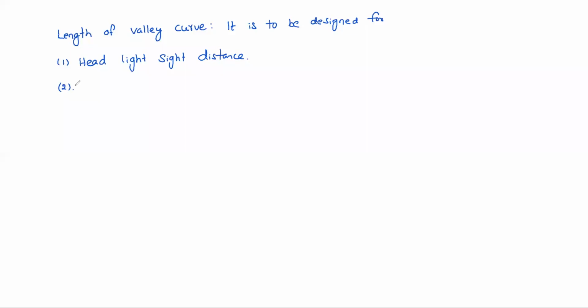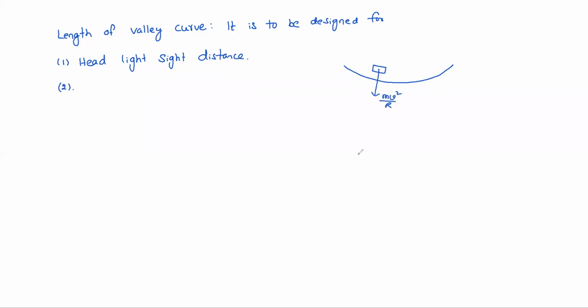Curve means here it is a vertical curve. Still, we experience some centrifugal force downwards. The centrifugal force will be in this direction. mv square by r is the centrifugal force.